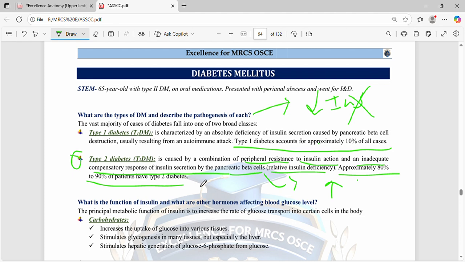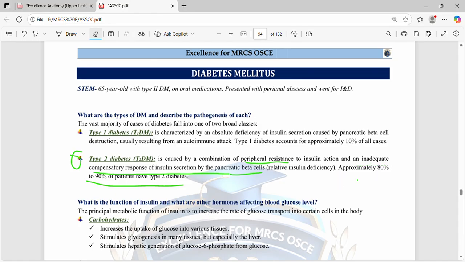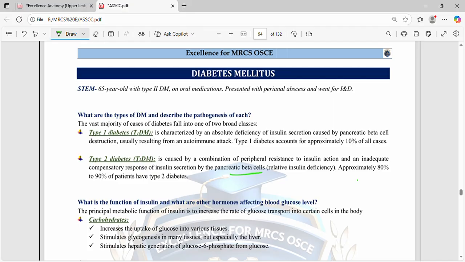On the other hand, type 2 diabetes mellitus is caused by a combination of peripheral resistance to insulin action and inadequate compensatory response of insulin secretion by pancreatic beta cells. Means there are two problems. It usually occurs later on in older populations, like in the 50s and 60s.